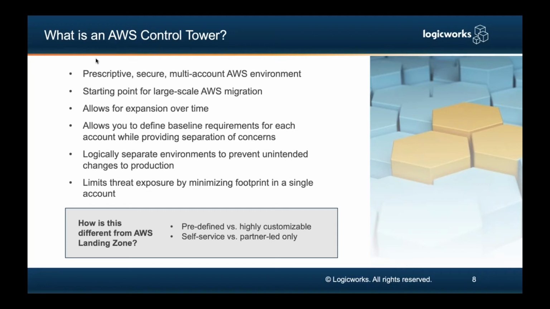Control Tower is a little bit more prescriptive because that underlying architecture and pipeline is deployed for you, but you can still create those add-ons, as I mentioned, and it's self-service. Any one of you can go into the AWS console right now, click through a few buttons, and you're actually deployed in a new Control Tower. Like I said, the proof is in the design phase for Control Tower, so even though it sounds easy, it's not as easy as I make it sound.